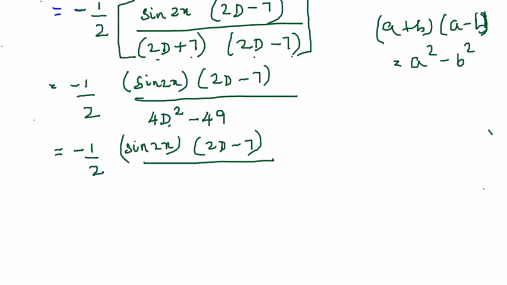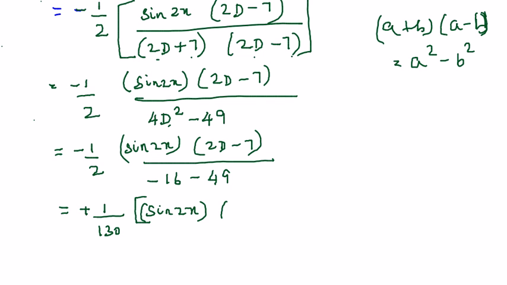So 4 into minus 4 becomes minus 16 minus 49, and this can be written as, let's take the minus sign also outside. So this becomes plus 1 by 65 into 2, so that becomes 1 by 130 into sine 2x, right, into 2d minus 7.